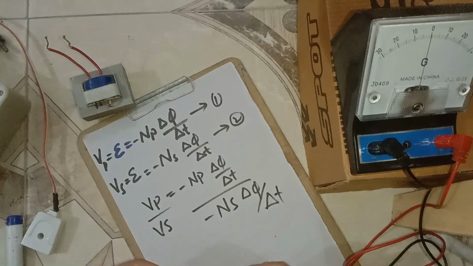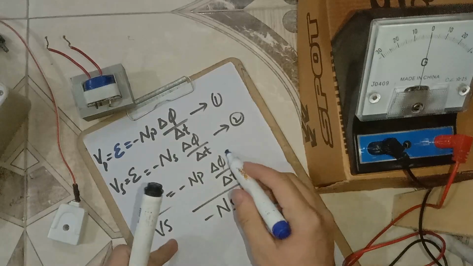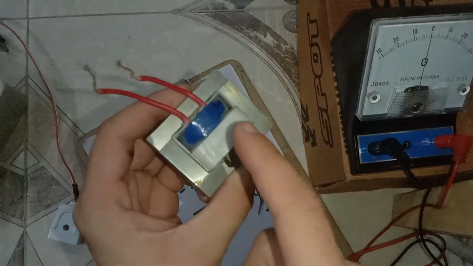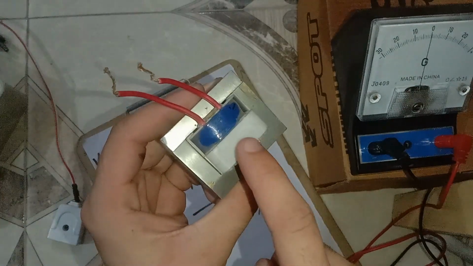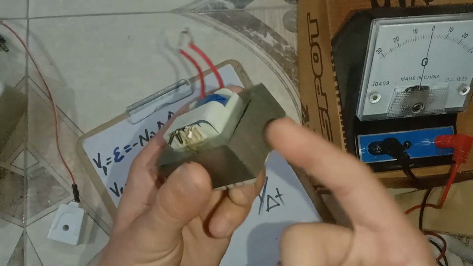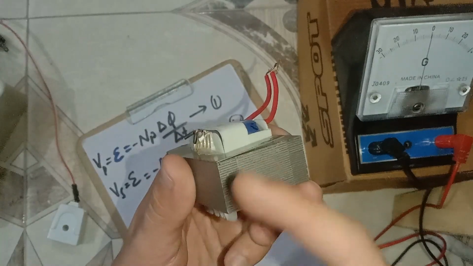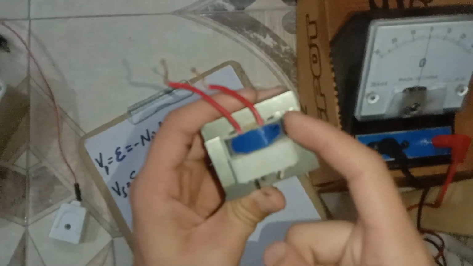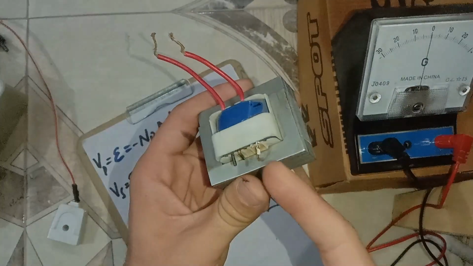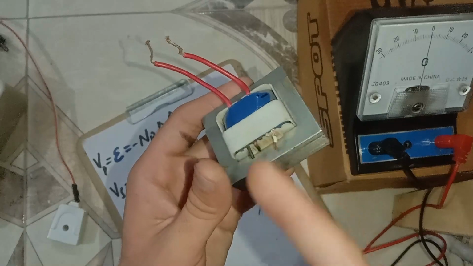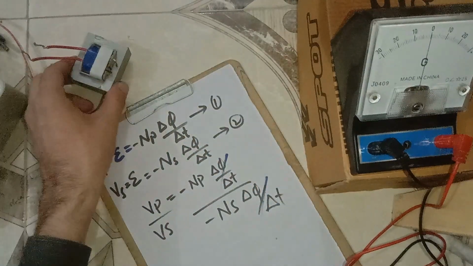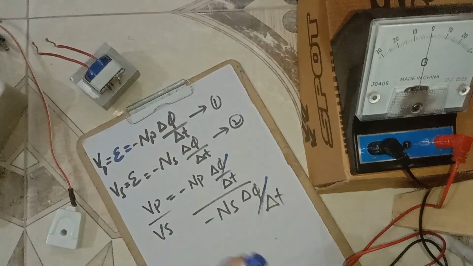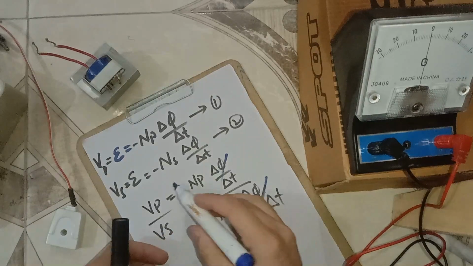Here in this case, this dφ/dt will cancel, because the change in magnetic flux of the primary coil will be equal to the change in magnetic flux of the secondary coil, due to the presence of this iron core, which supports the change in magnetic flux and passes the overall change in magnetic flux of the primary coil to this secondary coil. Okay, so due to this iron core, these two are equal. So here this negative and this negative sign will cancel.